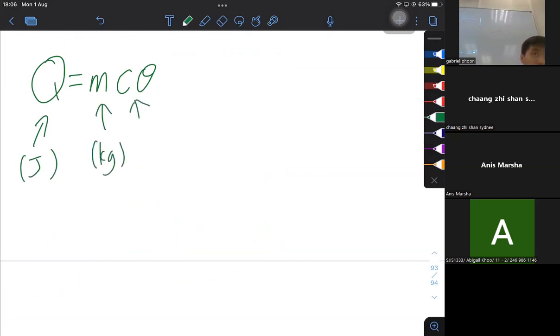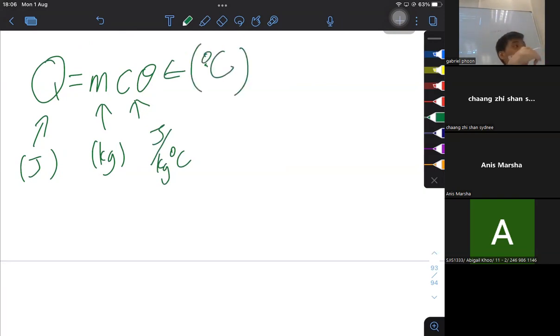C is specific heat capacity. What's the unit of specific heat capacity again? Anyone can tell me? Good, excellent. Joules per kg degree Celsius. Theta is the change in temperature. This is not temperature, it is the change in temperature. And because it is change in temperature, obviously it is measured in degrees Celsius.